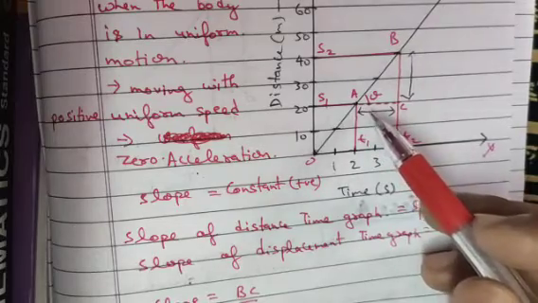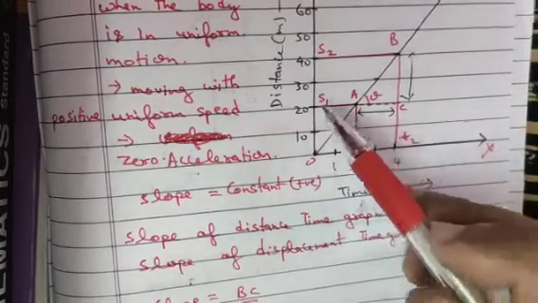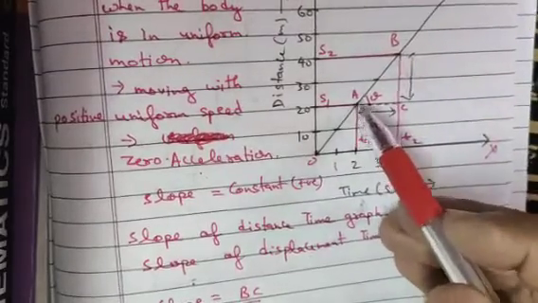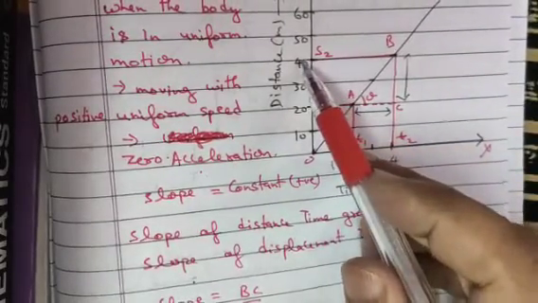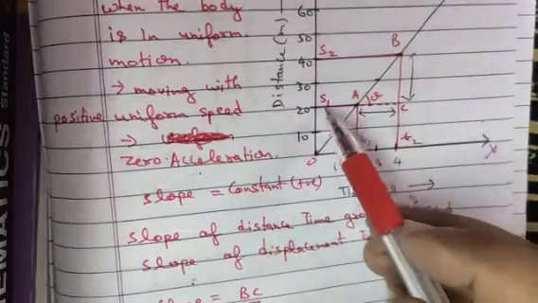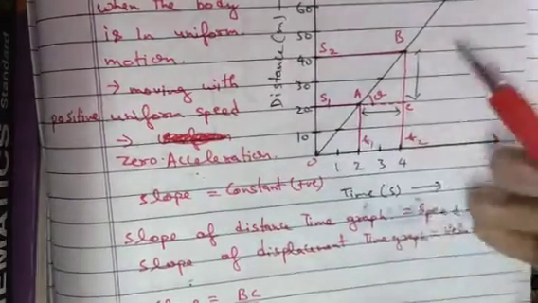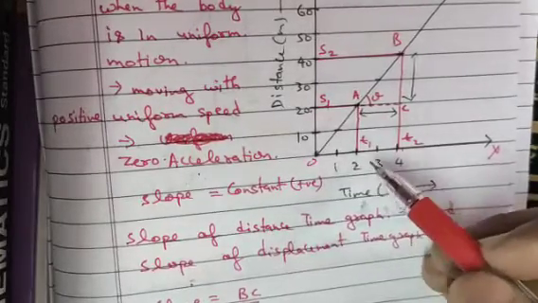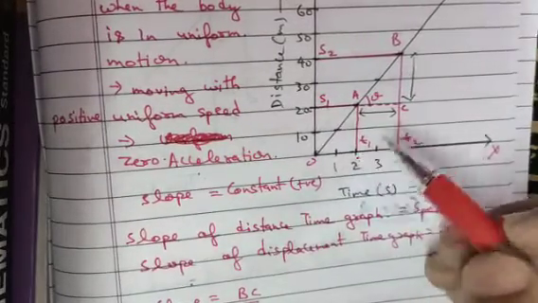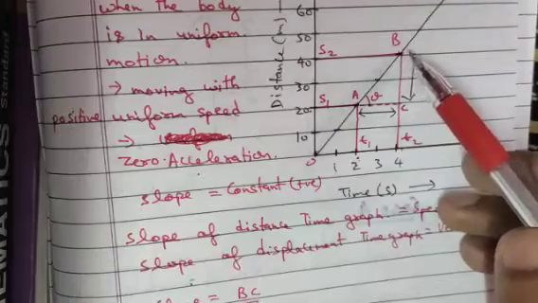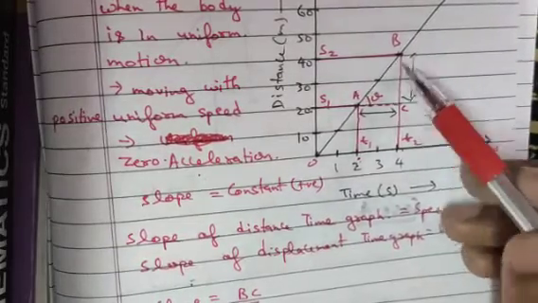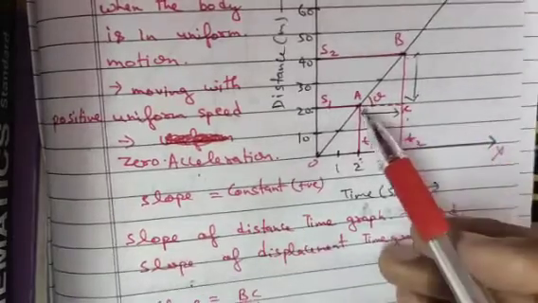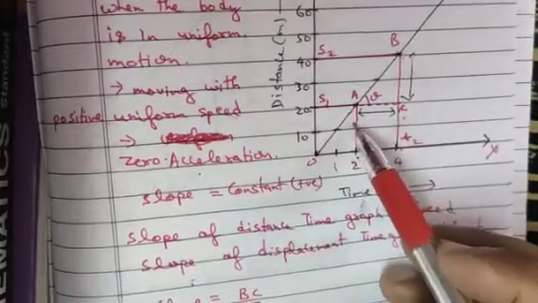However, you can simply remember it like this: in a distance time graph, if this point is B and this point is A, the distance at point B is S2, the distance at point A is S1, the time at point B is T2 and the time at point A is T1, then this distance BC will be S2 minus S1 and AC will be T2 minus T1.